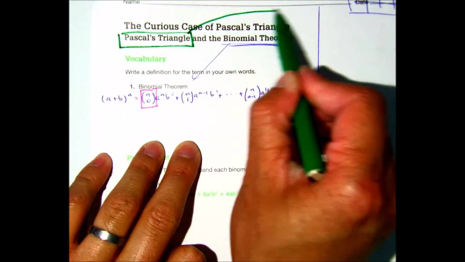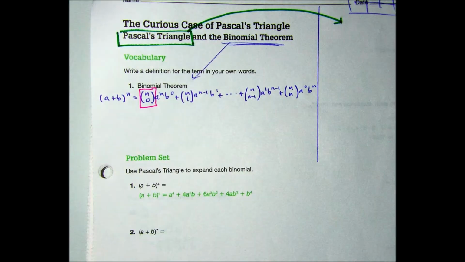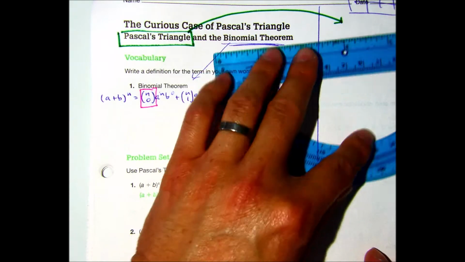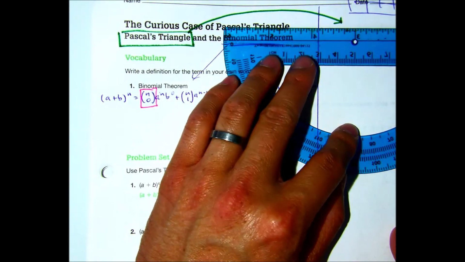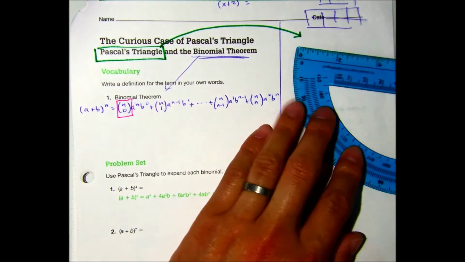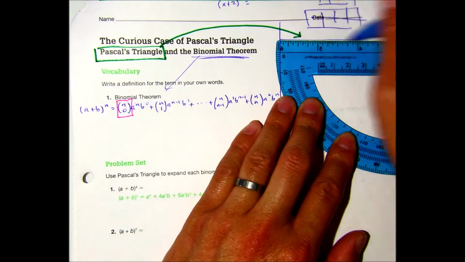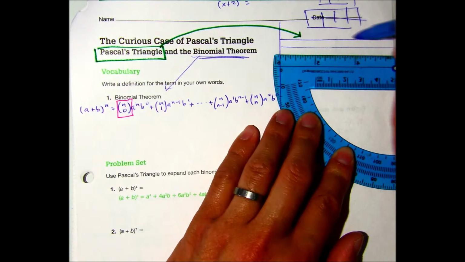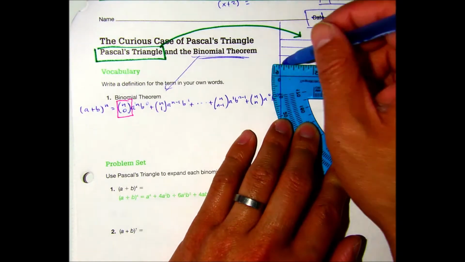And we're going to create Pascal's triangle together. To do that, I'm going to draw a bunch of lines. Draw maybe 10 to 15 lines. If you have a straight edge, super helpful. Your life will change because rulers draw straight lines.